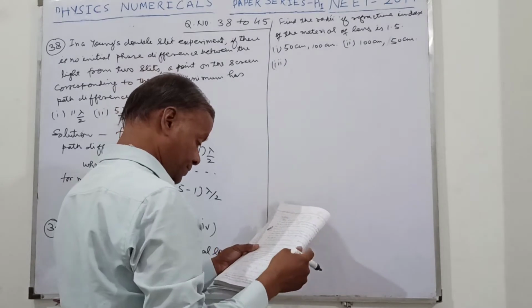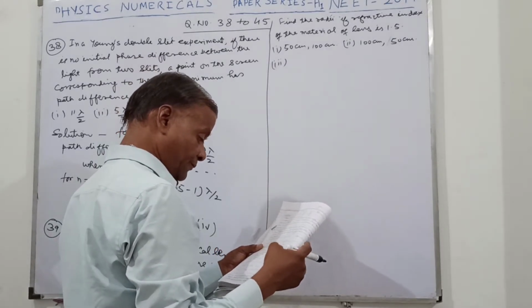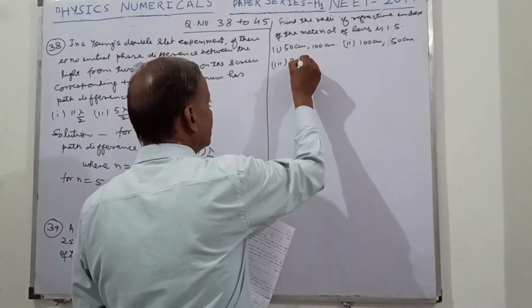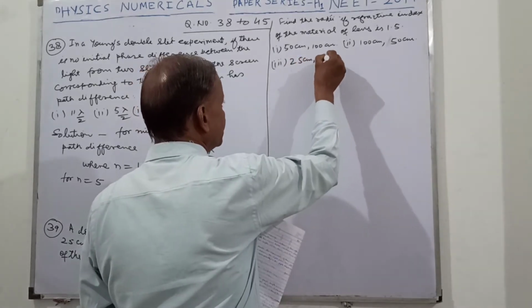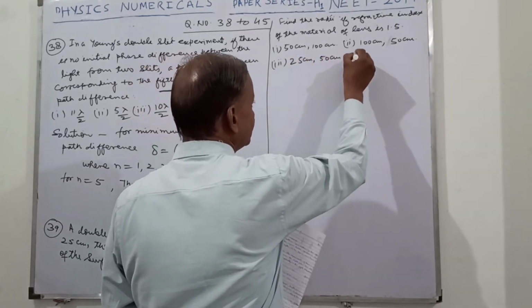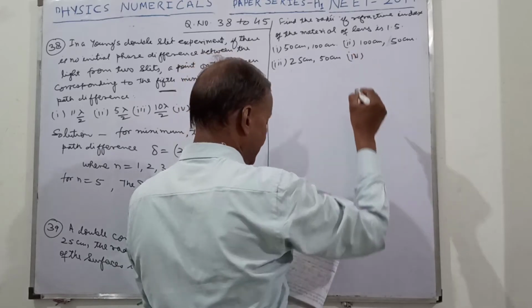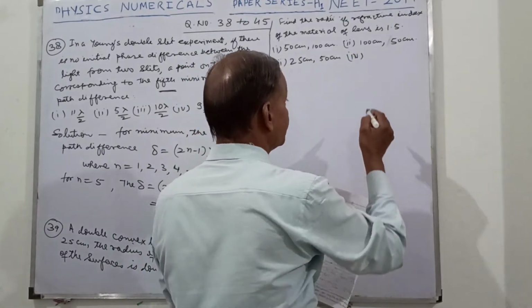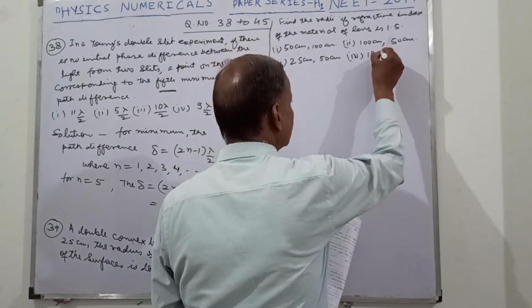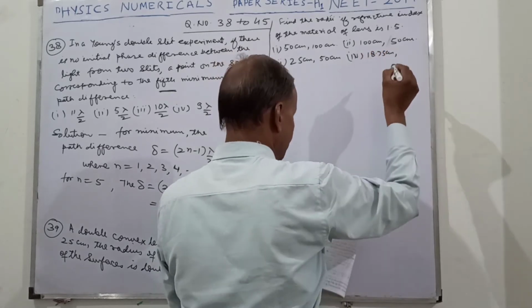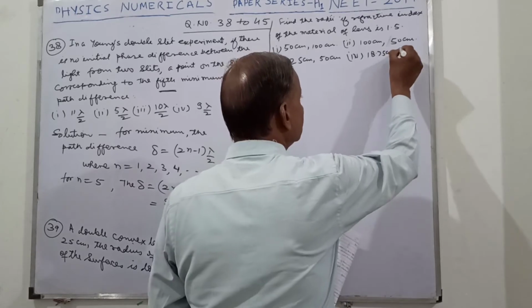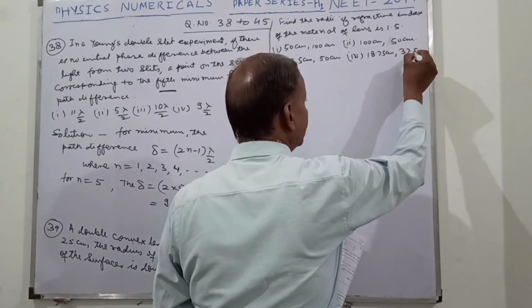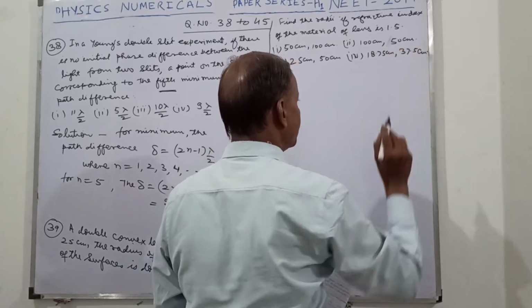Third option is 25 centimeter and 50 centimeter. And fourth is 18.75 centimeter and 37.5 centimeter.